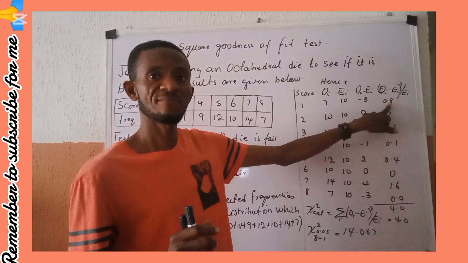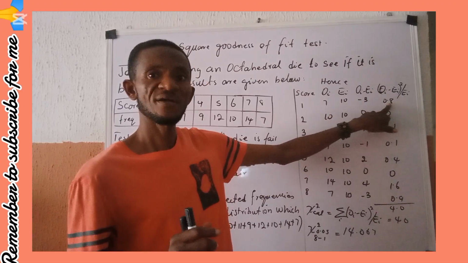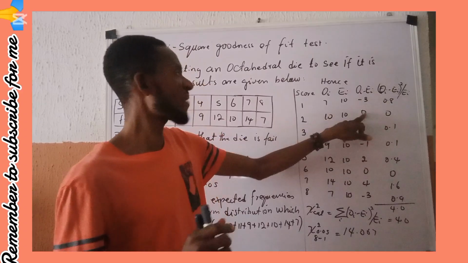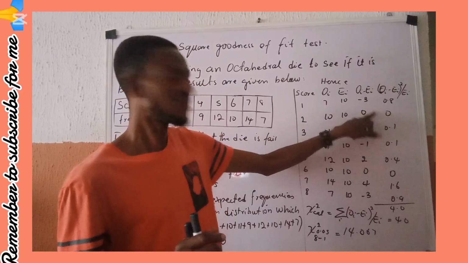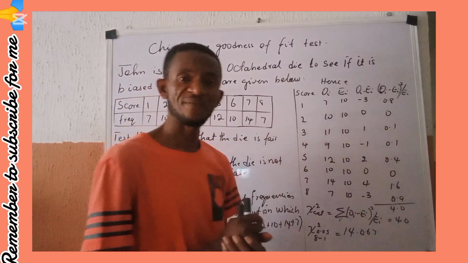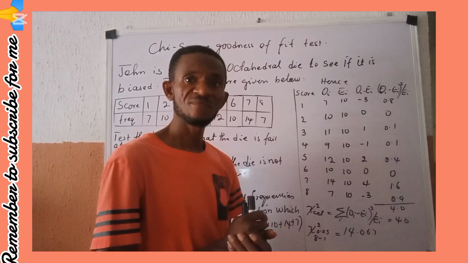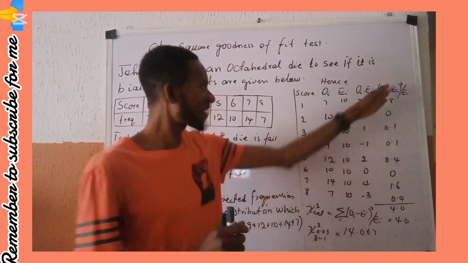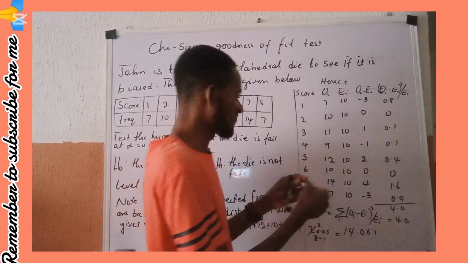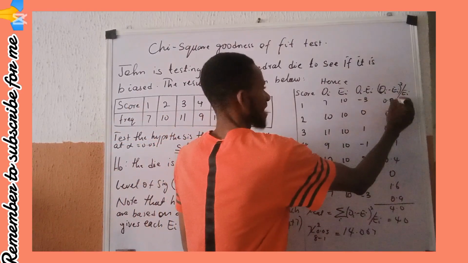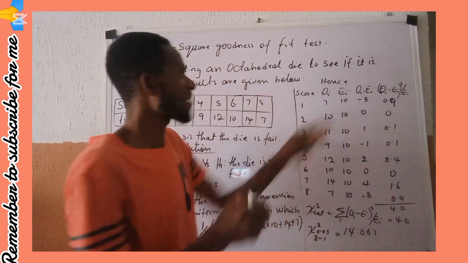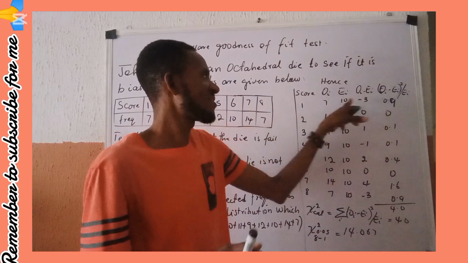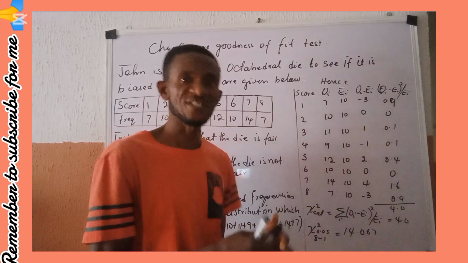Okay? The same thing applies to this place, down to the last one. So you can then confirm the values which we have here. This will give me 0.9, because minus 3 squared will give me 9, divided by 10 will give me 0.9.